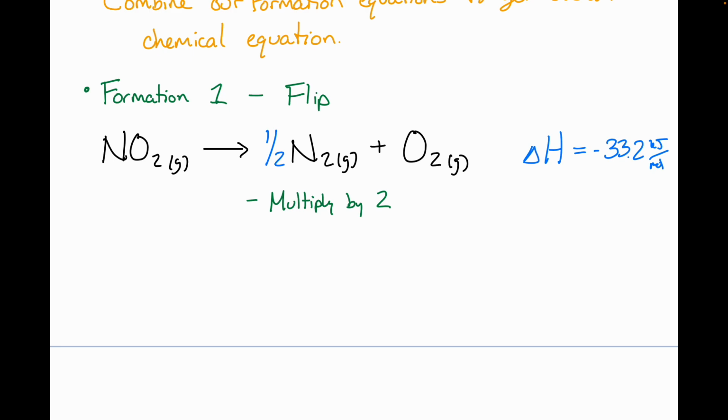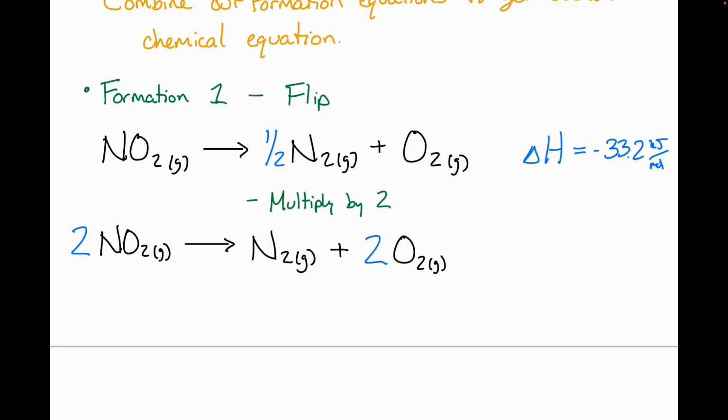And again, the whole thing gets multiplied by 2. So now I have 2 NO2s. One half times 2 is just 1, so 1 nitrogen gas. And now I have 2 oxygen gases. And what's going to happen to the delta H of this reaction when I do that? I'm going to double it. So now I've got negative 66.4 kilojoules per mole.